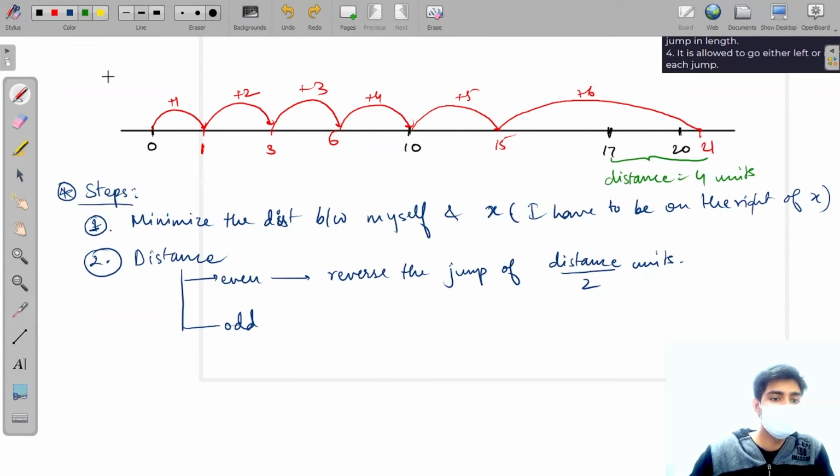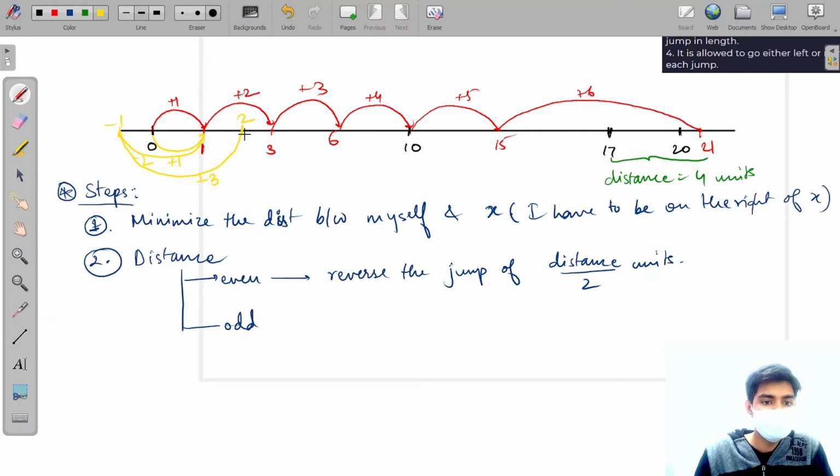So let's solve this using the information that we have only, right? So I'm at this position, I'll take a jump of +1, I get to here. Now I'm taking a jump of -2, and I get to -1. Now when I take a jump of +3, I'll get to 2.